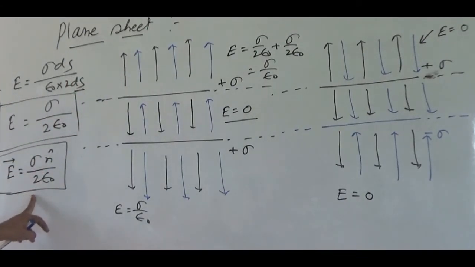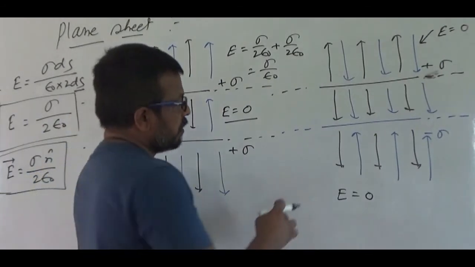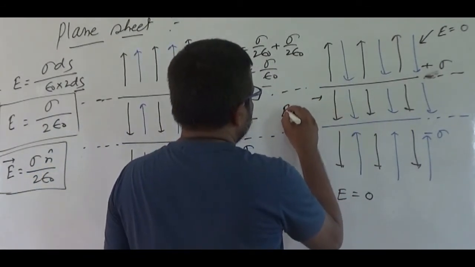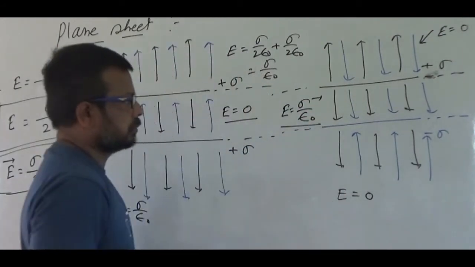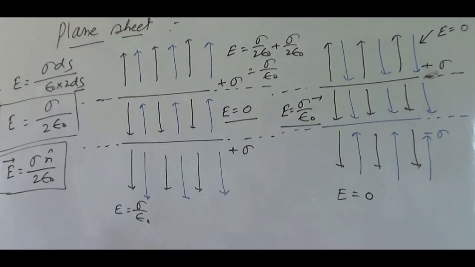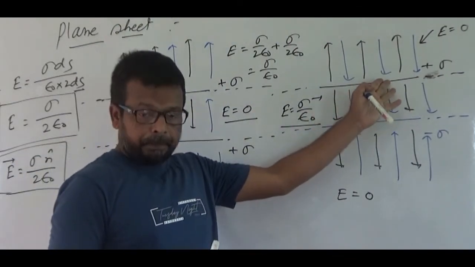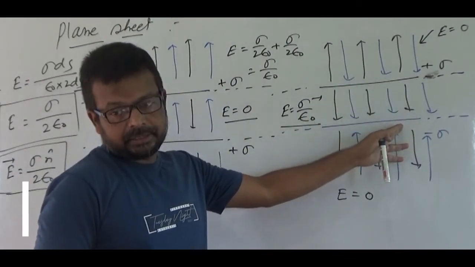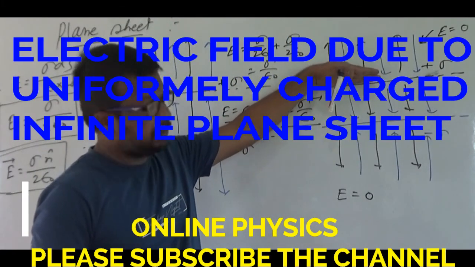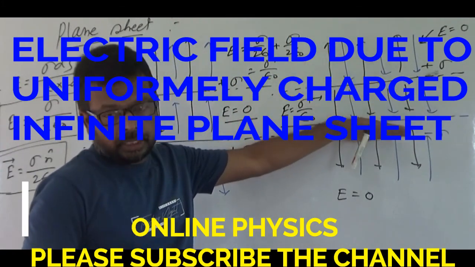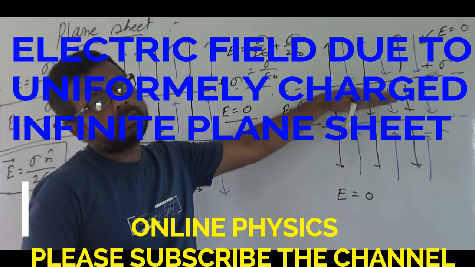Sigma by 2 epsilon naught minus sigma by 2 epsilon naught is 0. But in this region, E equals sigma by epsilon naught, and it is directed from plus to minus, that means from the plate charged with positive charge to the plate charged with negative charge.